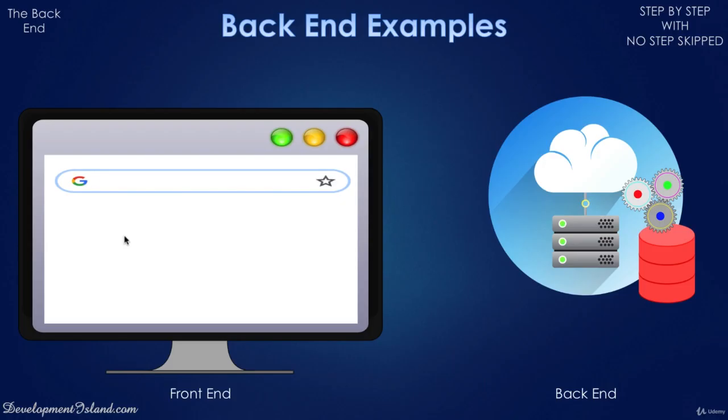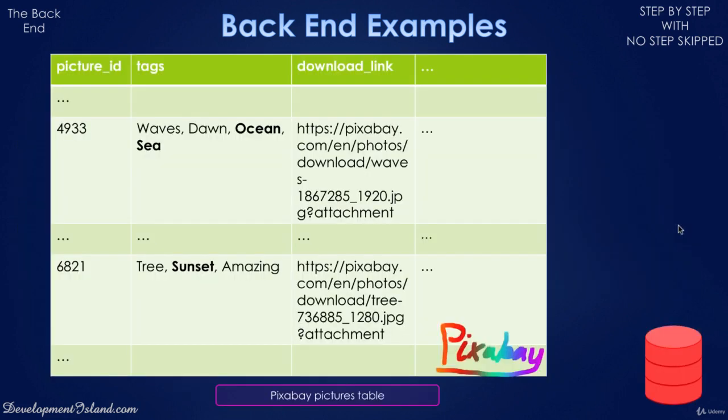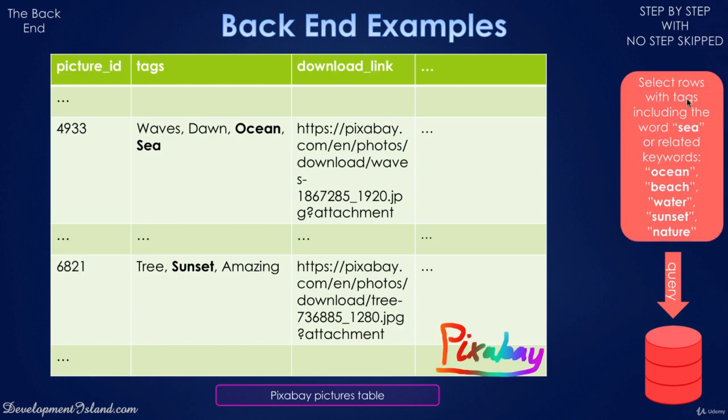At the front end, the browser will send a request using the URL, which is going to be received by the app. Then the app is going to break down this request and get the keyword from the URL, and then it's going to communicate with the database through a query. So the query here is going to be selecting all the rows with tags including the word sea. And by the way, it looks also for related keywords like ocean, beach, water, sunset, and nature.